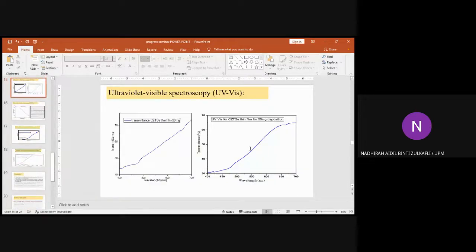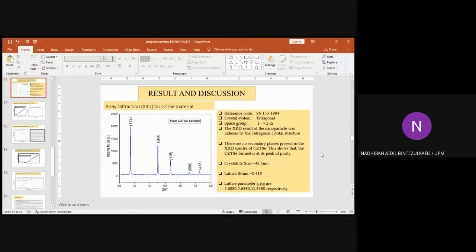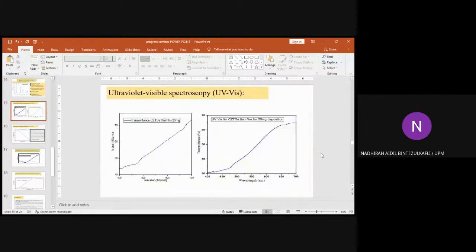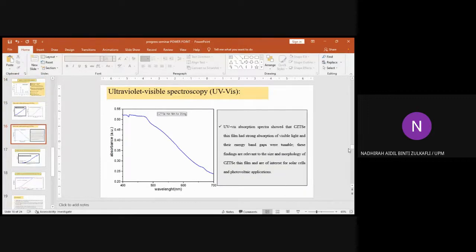Before slide 16. Okay, 16. Can you tell me what the first peak means?